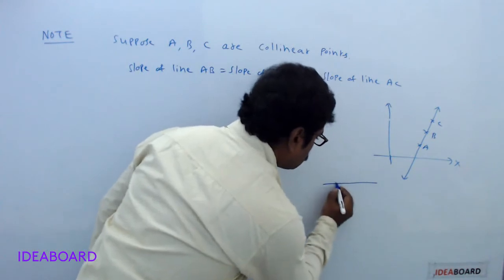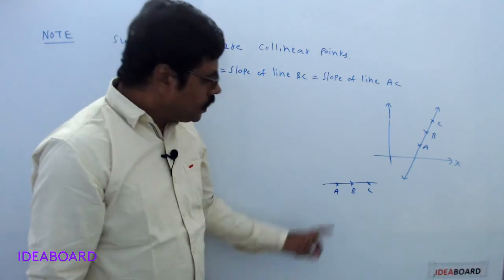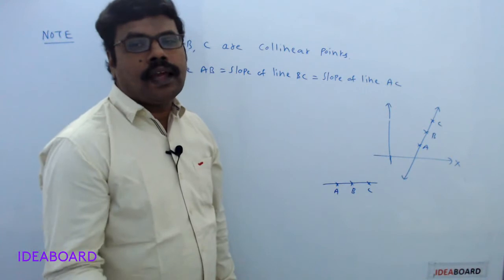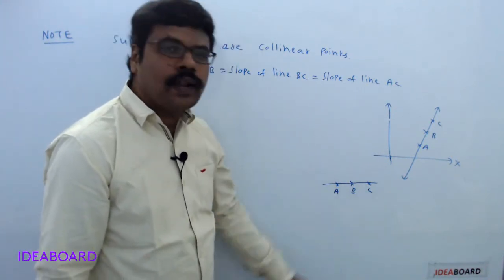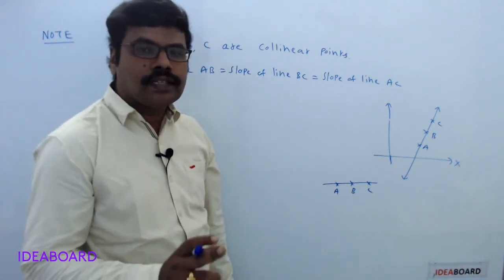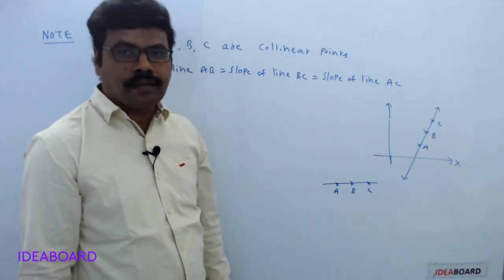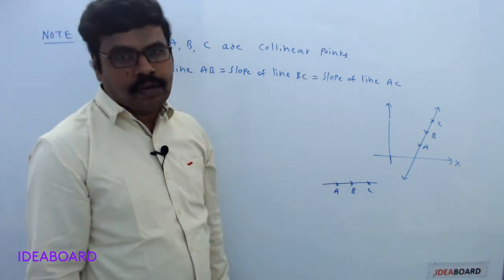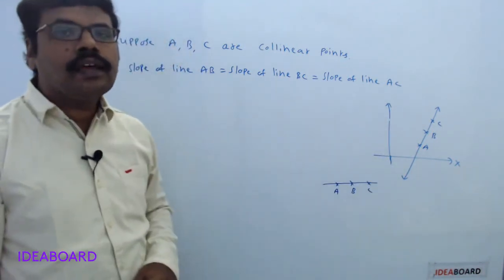By using distance concept, if 3 points are collinear, then the sum of the lengths of any two segments is equal to the length of the third line segment. So that is the condition for collinear points by using distance concept. Now this is the third condition in collinear points concept. What is the third condition? If 3 points are collinear, then their slopes are equal.